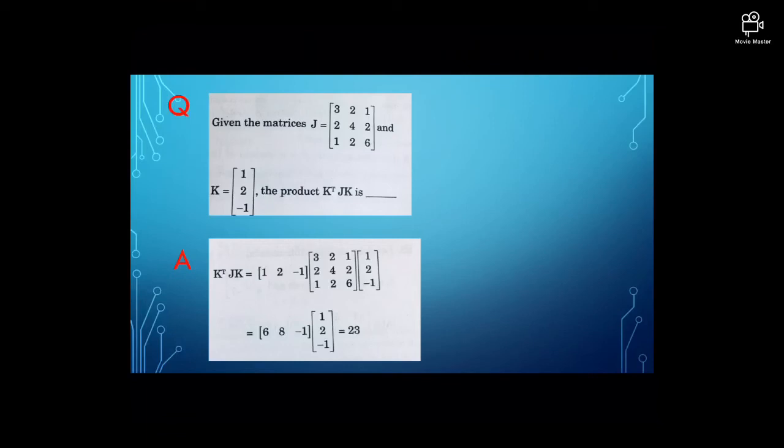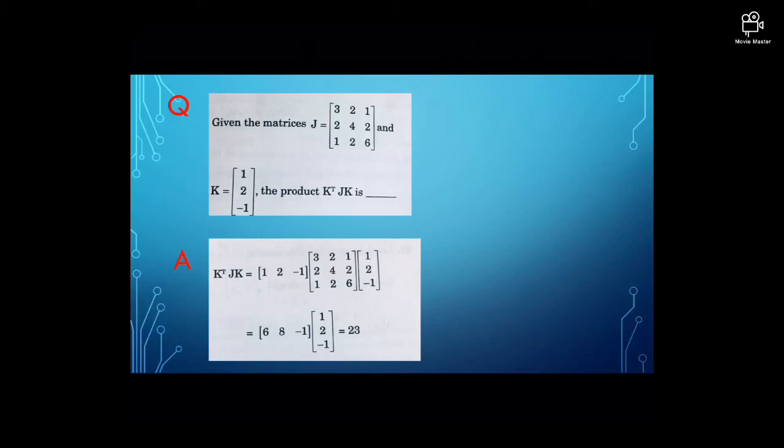First we have to find K transpose, which is a single row matrix 1 2 minus 1, multiplied with the given matrix J into the given matrix K, the column matrix 1 2 minus 1. So first we multiply K transpose into J, we get a row matrix, that into the K matrix, that is 1 2 minus 1. So the answer will be 23.